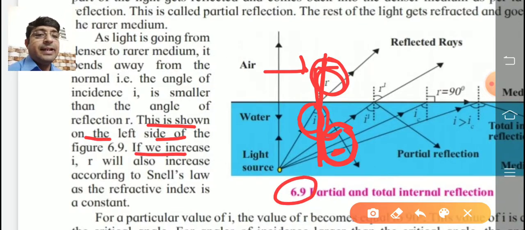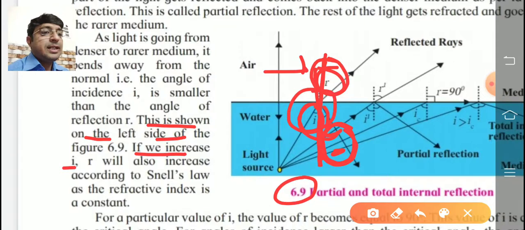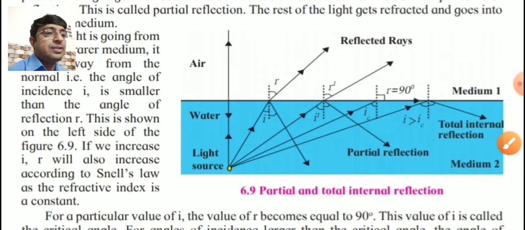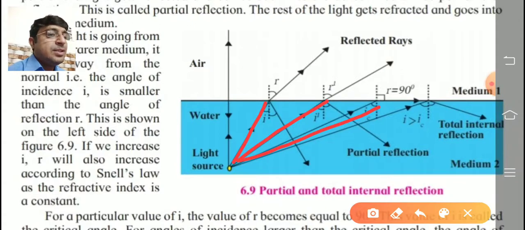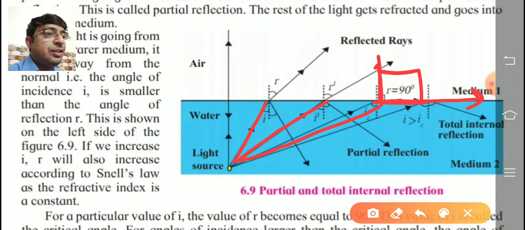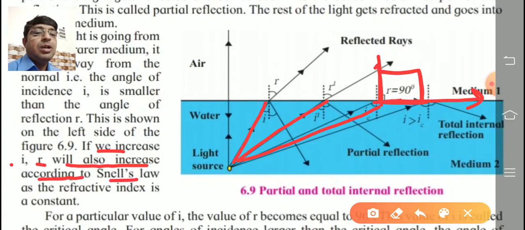If we increase the value of i, that is the angle of incidence, from a small value, slightly increasing, again increasing, what do we observe in the third case? Check. If we increase the angle of incidence in the third case, the refracted ray passes exactly at 90 degrees. So the angle of refraction here is 90. If we increase the value of i, the angle of refraction r will also increase according to Snell's law, as the refractive index is a constant.